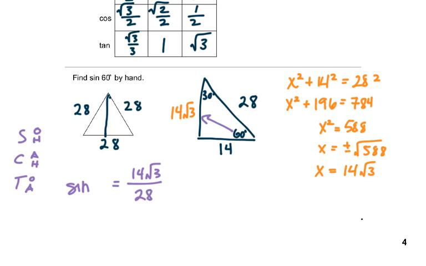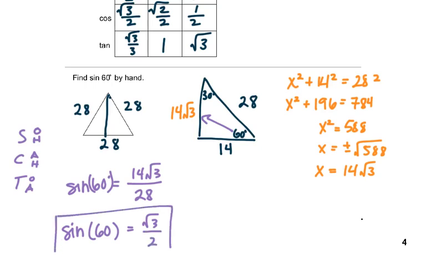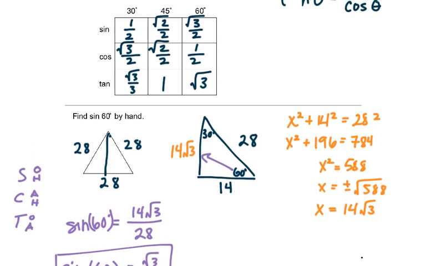I wrote theta there. I should have written 60. So we're doing sine of 60 degrees. Now I can reduce this fraction, and I've got that sine of 60 is root 3. 14 divided by 28 gives me a 2 in the denominator. Wow, we had to do a lot of work for that. Wouldn't it have been easier if we just knew that sine of 60 was root 3 over 2? That's what we have in our table up here.